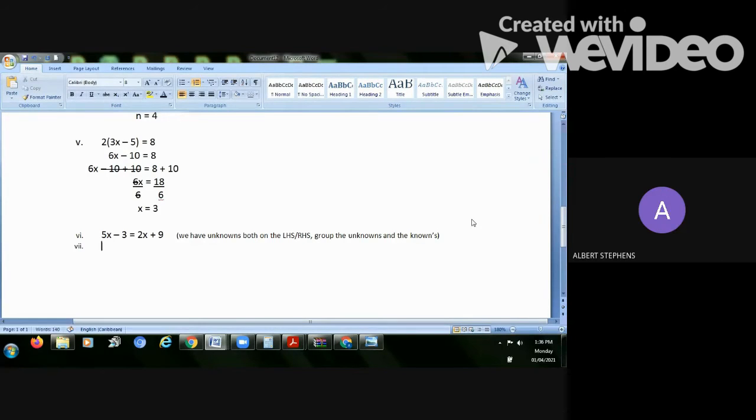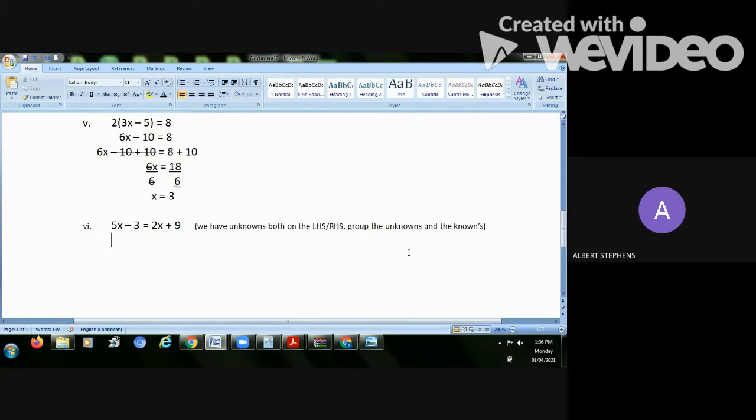So the question is, where do I put the knowns? On the left or on the right? And where do I put the unknowns? On the left or on the right?